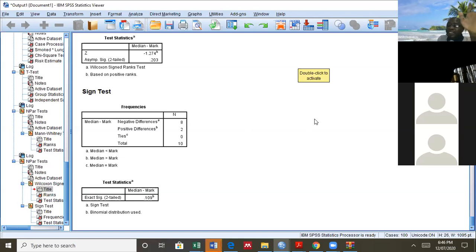If we look at what we did yesterday, the Wilcoxon rank-sum and the Wilcoxon signed-rank, we didn't make use of the mean or the median. You notice there's nothing like mean and median in both of them. But in this one, we use a median test. This sign test is a median test.